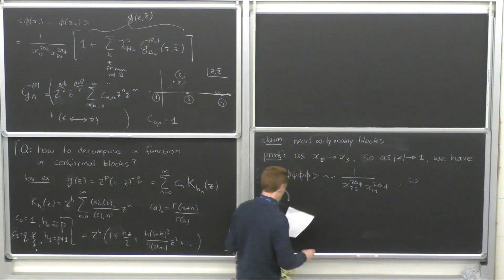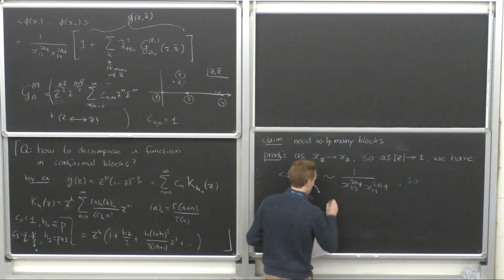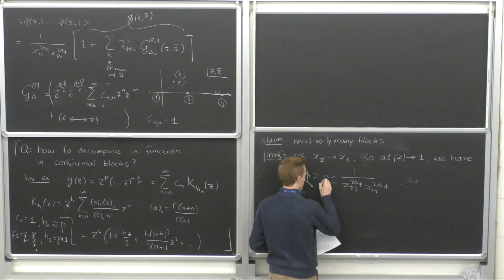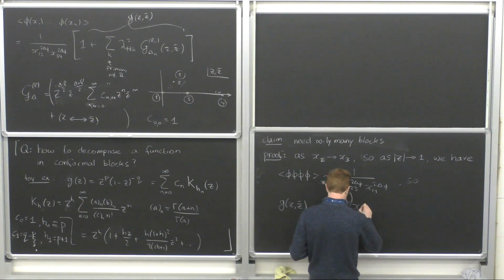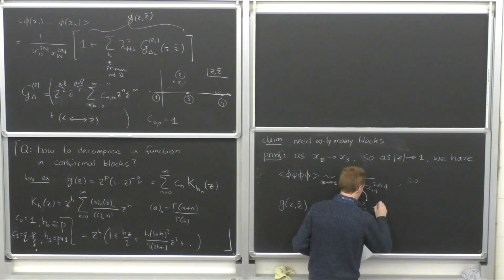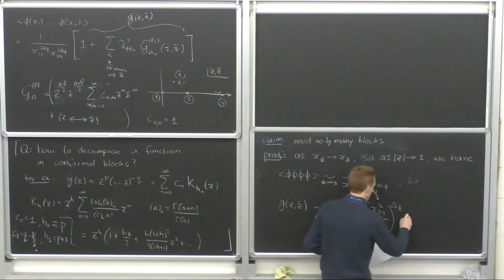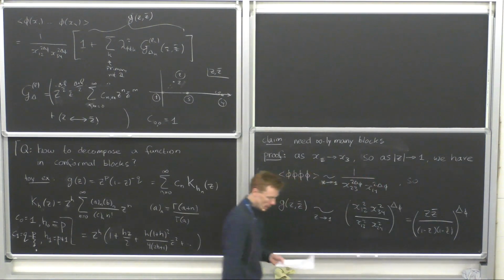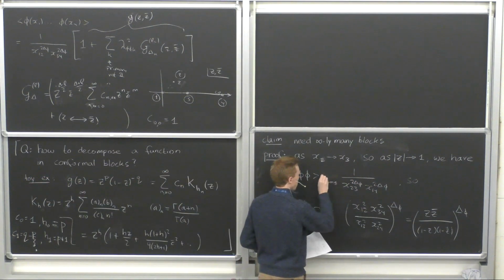So what you'll find is that the function g of z, z bar, as z goes to 1, behaves like x12 squared, x34 squared over x13 squared, x24 squared to the power delta phi, which is z bar, this factor that we saw before, z bar over 1 minus z bar to the power delta phi. I don't want to write tildes yet, because that's a different thing.